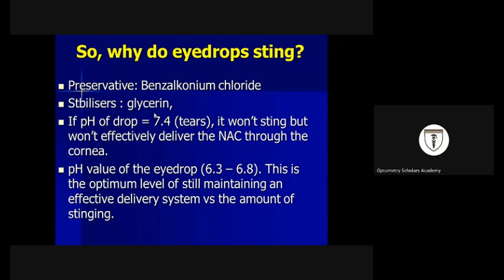So why do eye drops sting? I've already explained it. One is the preservative, benzalkonium chloride. Two are stabilizers like glycerin. Also, a buffer is added to the drug to regulate the pH or to improve the pH. Another is if the pH is not equal to the pH of the tears.